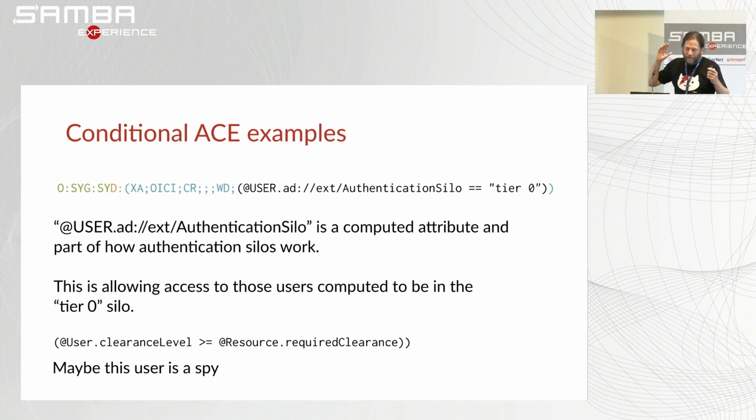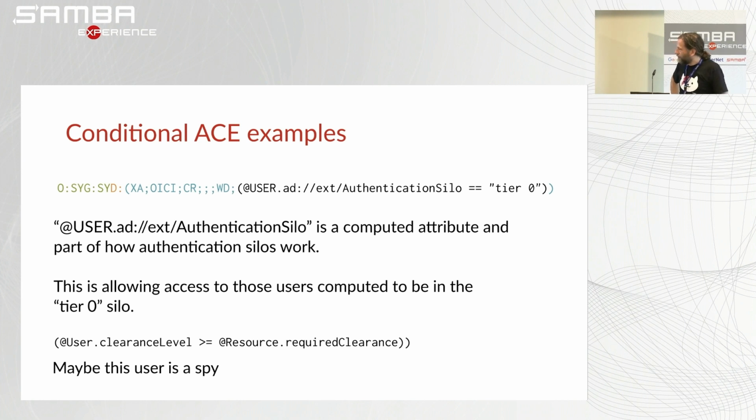If Joseph was here, he would know how to say how that works, because he's been working on the silo part of it. I haven't quite followed it, but a silo is a bit like a group where you can only be in one silo or another, and it produces this kind of claim saying which silo you're in, among other things.